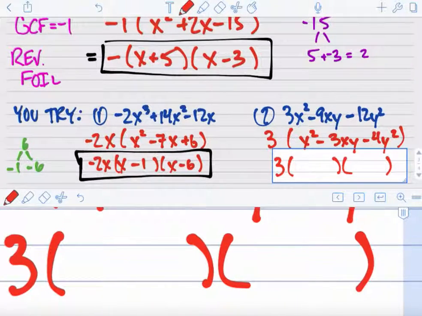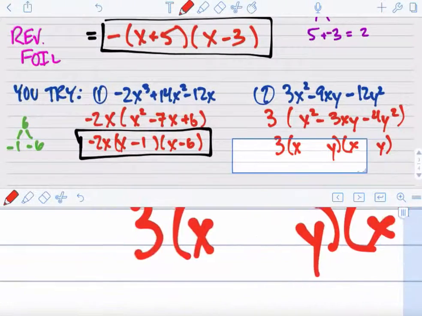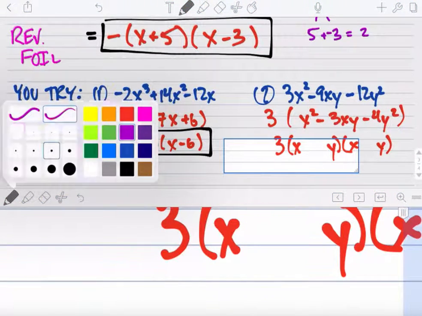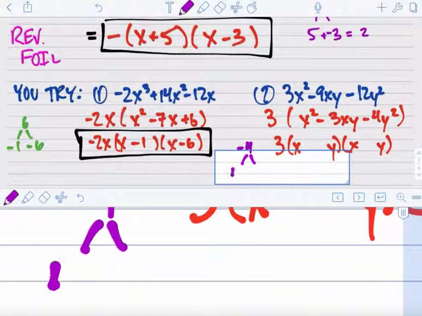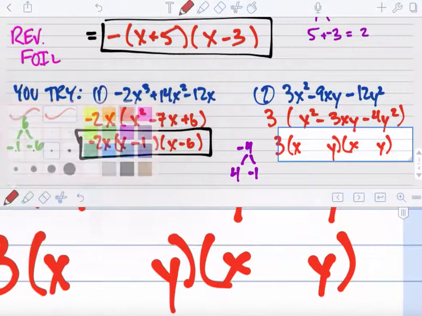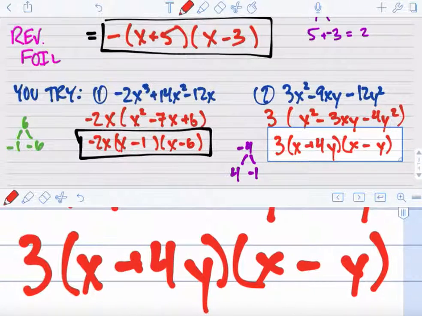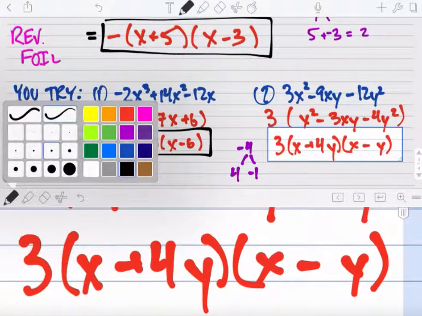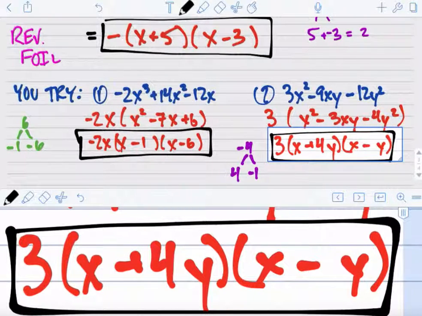I know I'm going to have an x and an x, a y and a y, and I know factors of negative 4 that add to negative 3 are positive 4 and negative 1. So I fill those in as plus 4y minus 1y. And that's it for that. That's the end of Chapter 5, Section 2.